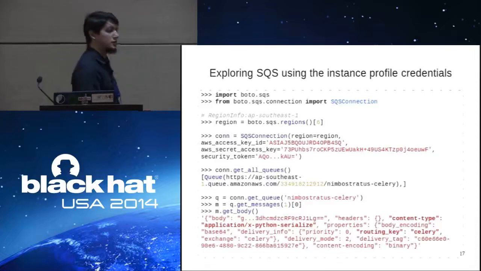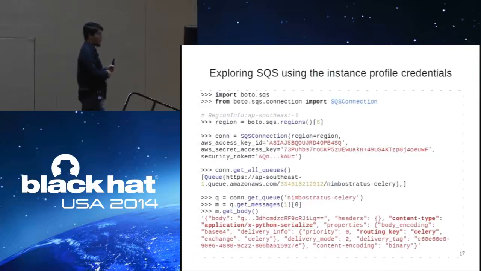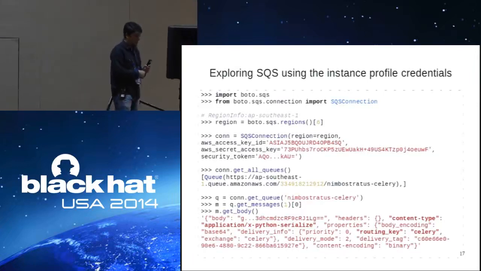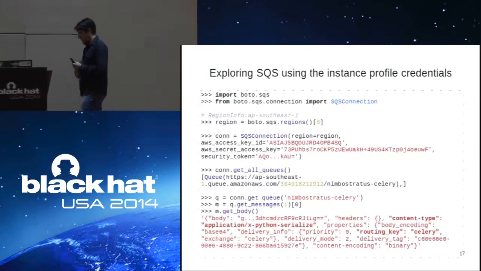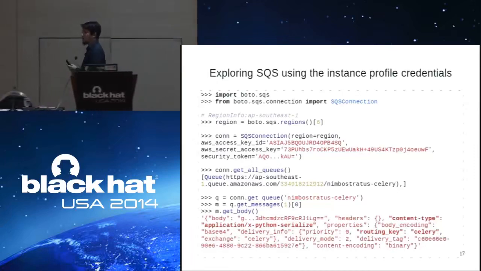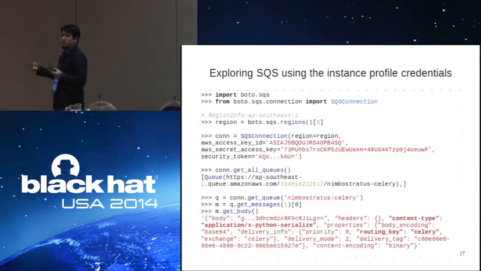After a small Google search, I found out that list queues was a function in the SQS API from Amazon. SQS is basically a queue.